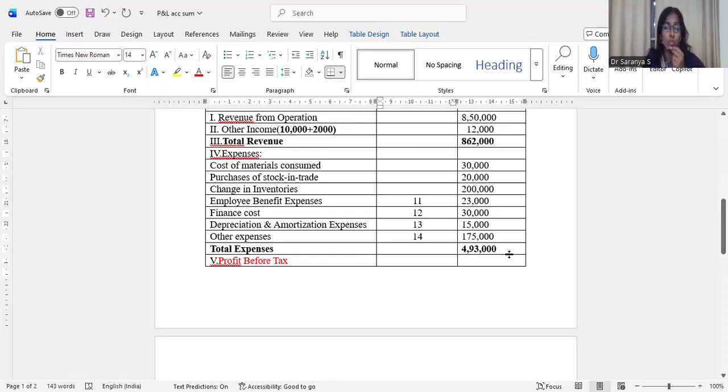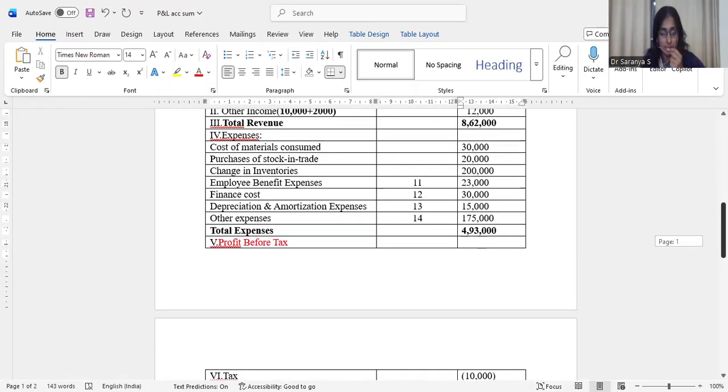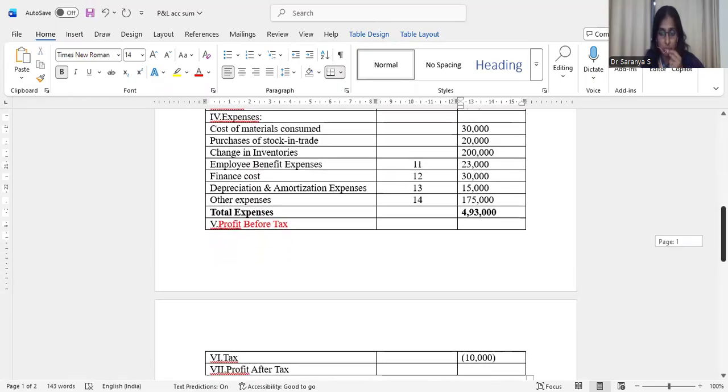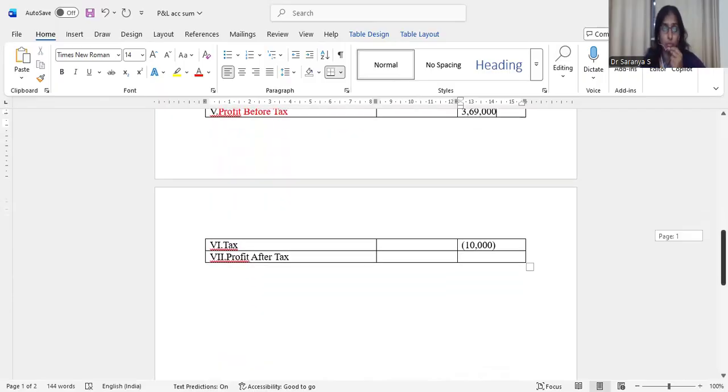Total revenue we have 8,62,000 and total expenses we have 4,93,000. When you minus it, profit before tax is 3,69,000.